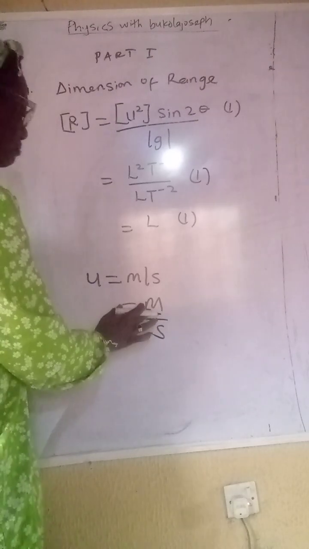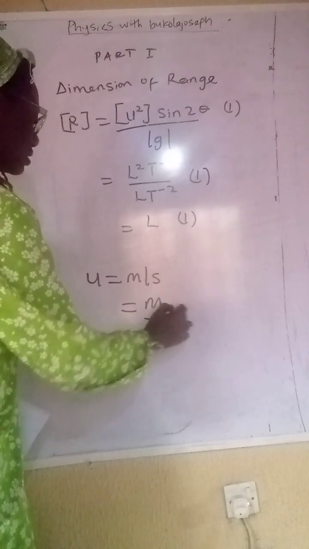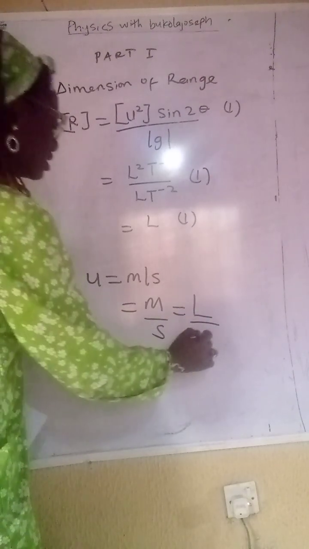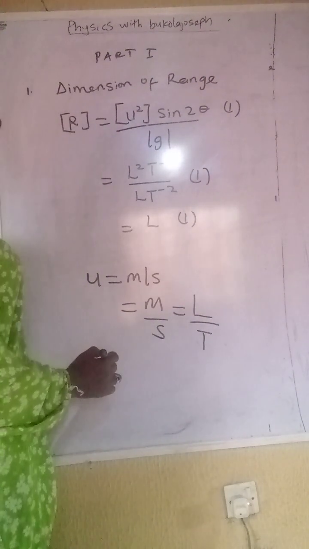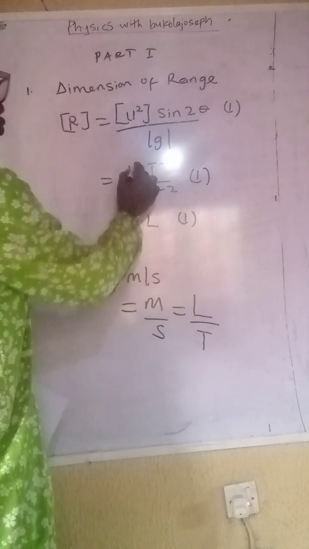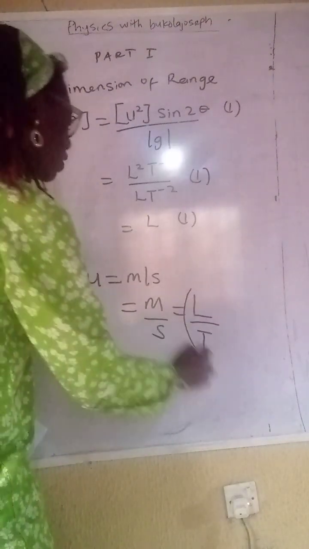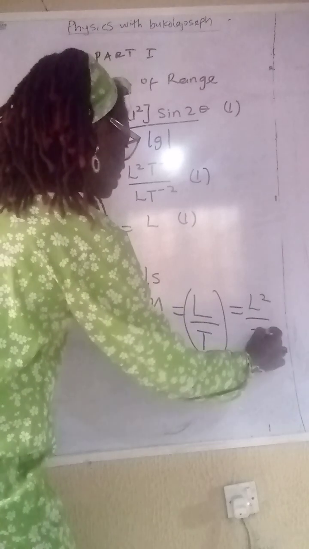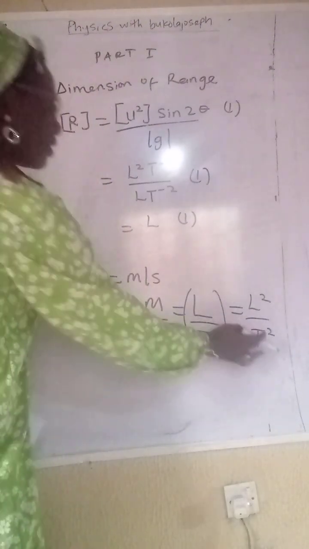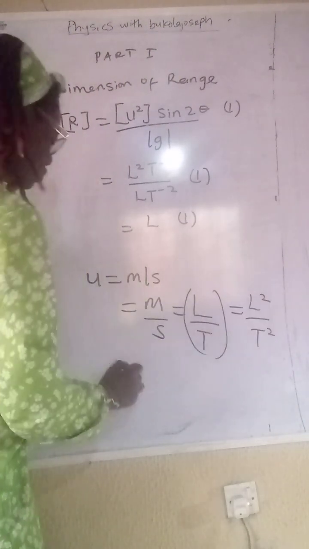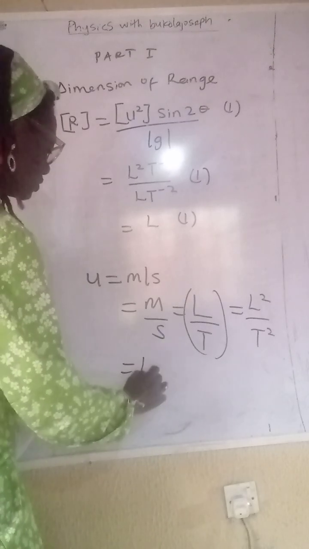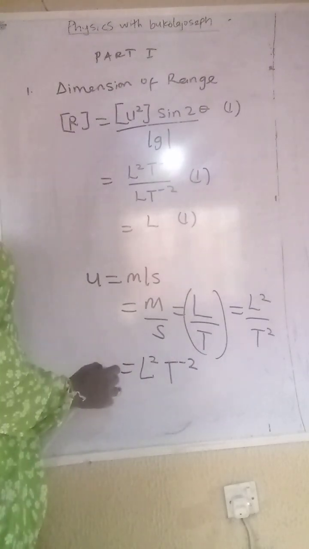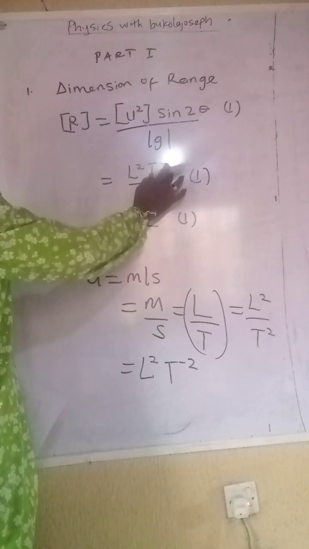Meter is for length, so we have L here. Second is for time, so we have T. Remember, it is squared, u squared. So if we square this, you have L squared all over T squared. Now if I take the T up, it will come with a minus, so it will become L squared T to the minus 2. Are you following? That's how they came about this.